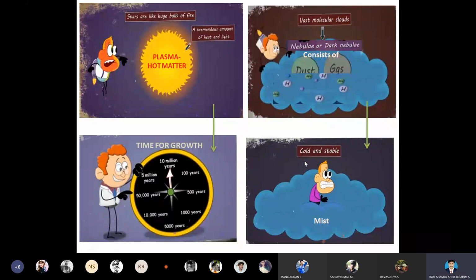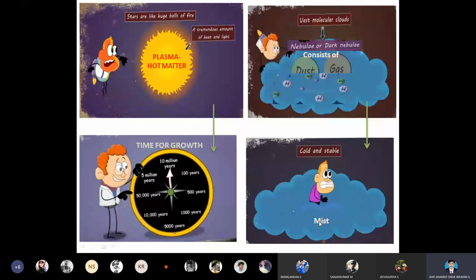Initially, before the formation, it will be in a stable and cold state. The medium we are talking about is the nebula, a dark nebula consisting of dust and gas. So it's cold and stable, nothing but a mist in Latin.